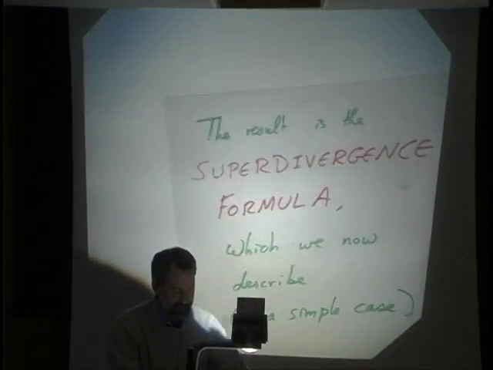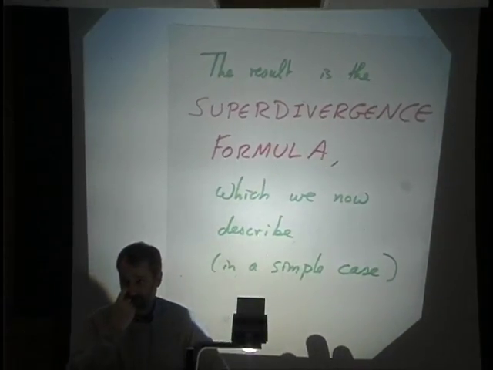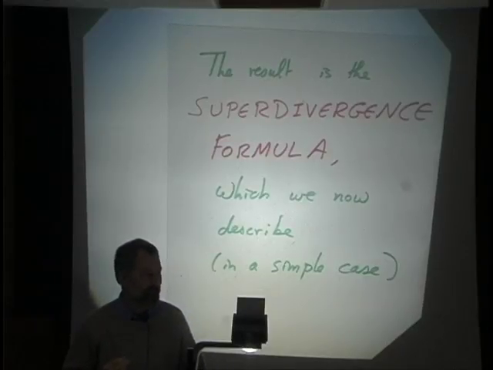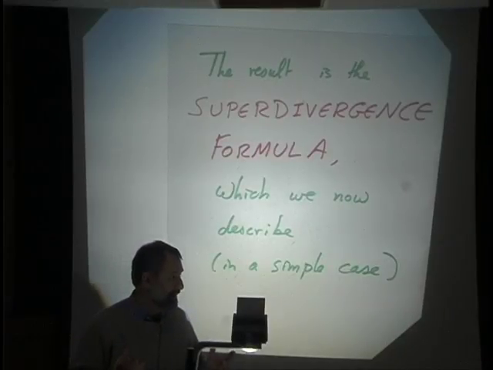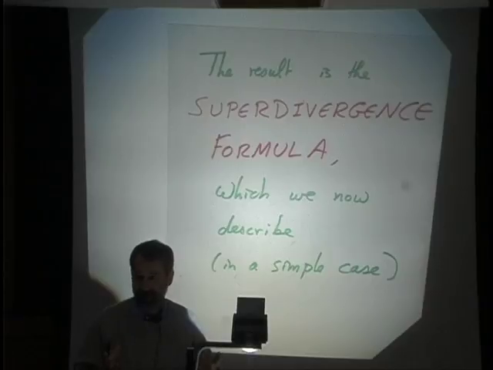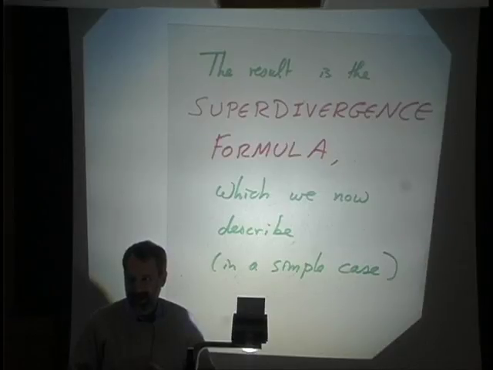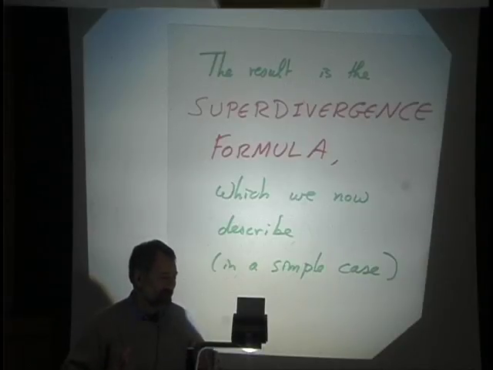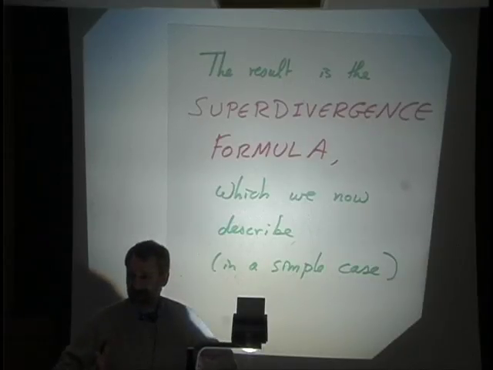So the superdivergence formula will say that if the integral of some I of g phi is equal to 0, then I plus some exact divergences will equal 0 or will equal simpler or less important stuff.